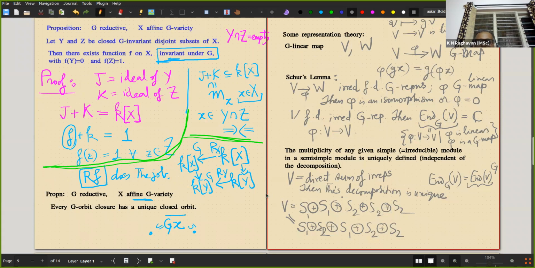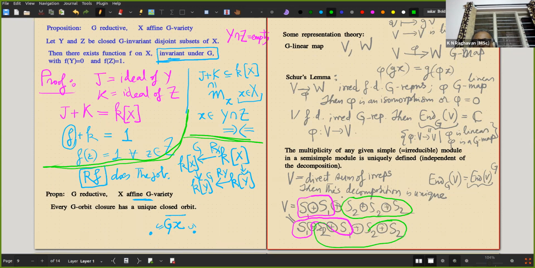Moreover, although I cannot say that this copy is equal to this copy, there's one thing I can say, namely, this is the notion of isotypic component. The sum of these two must be equal to the sum of these two. And the sum of these three, see, individually, these could be anything, but the sum of these three is the sum of these three.